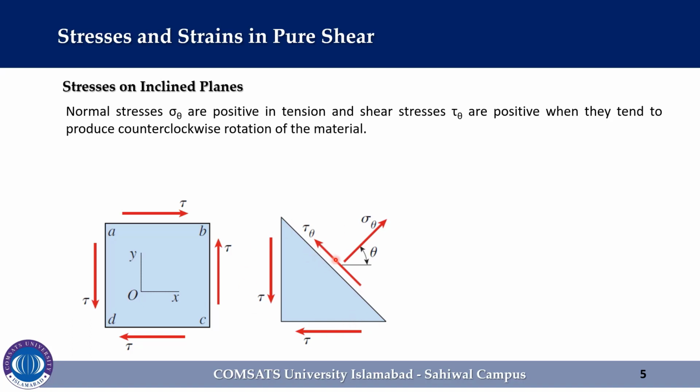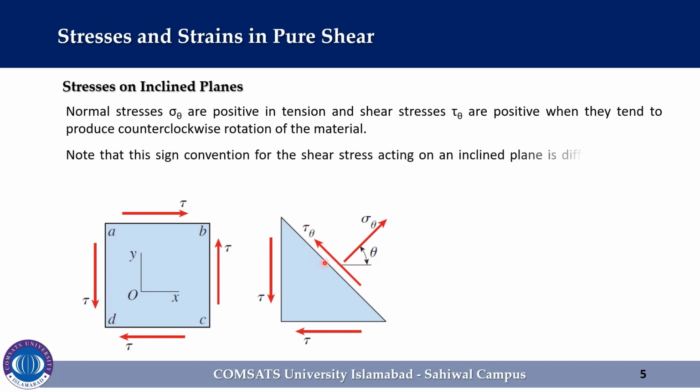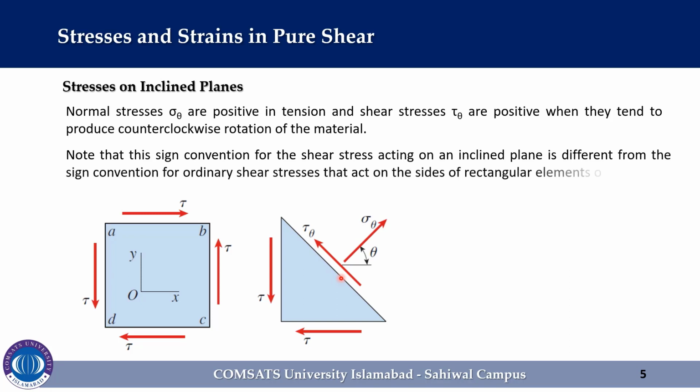It is important to note that this sign convention for the shear stress acting on an inclined plane is different from the sign convention for ordinary shear stresses that act on the sides of rectangular elements oriented to a set of xy axes. The horizontal and vertical faces of the triangular element have positive shear stresses acting on them, and the front and rear faces of the element are free of stress. Therefore, all stresses acting on the element are visible in this figure.